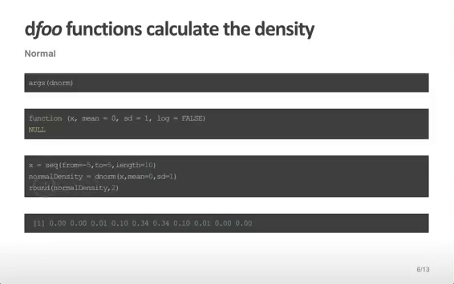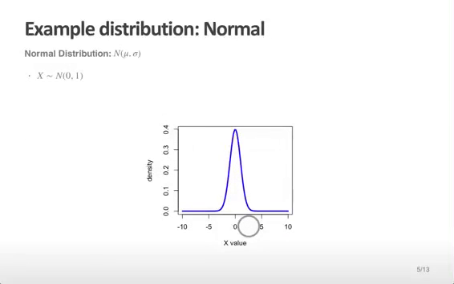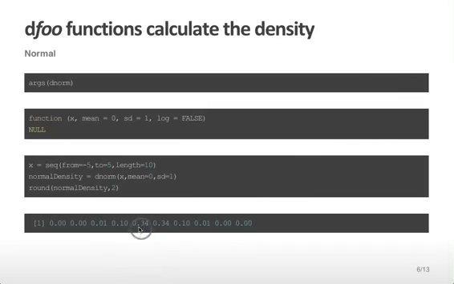Here I've rounded the values to 2 significant digits to make it easier to see. So you can see that for values of -5 and 5, the density values are very low, which corresponds to the picture that we saw on the previous slide. For values near 0, the density is much higher, which also corresponds to the picture.